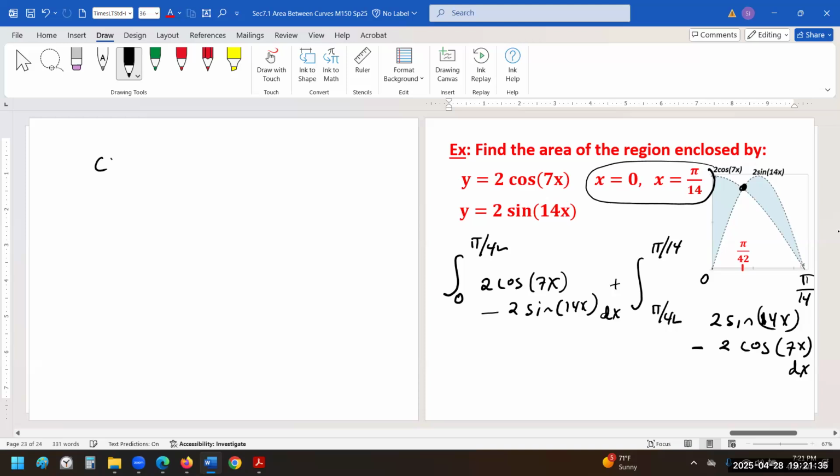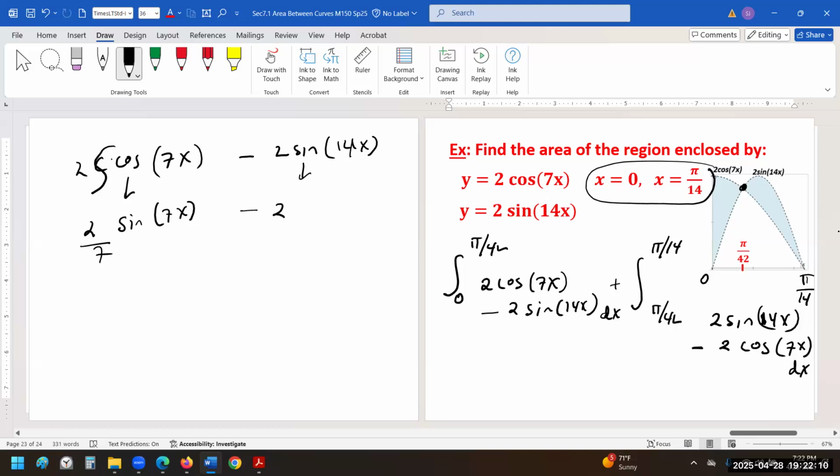So you have 2 cosine 7x. Antiderivative: the antiderivative of cosine is sine, since the derivative of sine is cosine. So 2 sine 7x, and then what do you do? Divided by 7. That's the substitution. Same thing for the next one. We have minus 2 sine 14x.